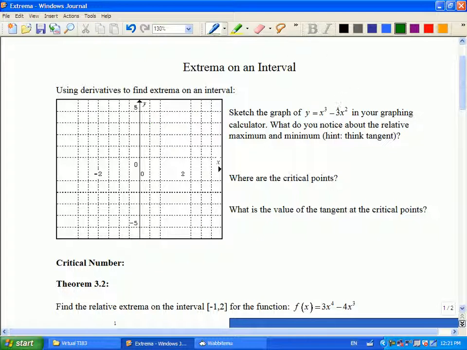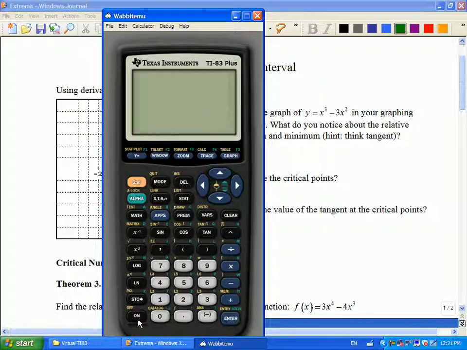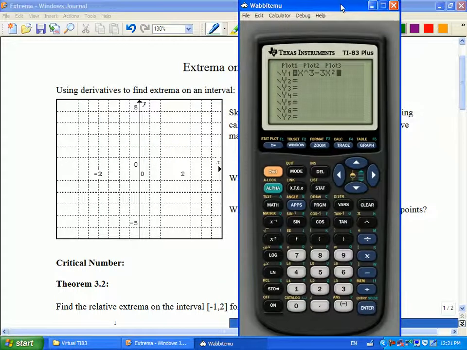This graph, x cubed minus 3x squared, we'll start by throwing it in the graphing calculator. So x cubed minus 3x squared. Okay, so there, and I'm going to line up my window to match the one I've already chosen here.